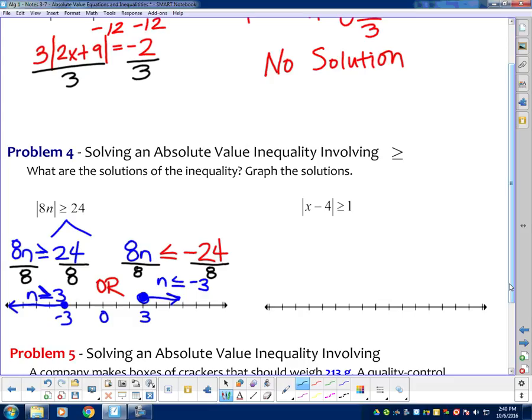Okay, is this one okay to split? Yep. Split the inequality and make one negative.